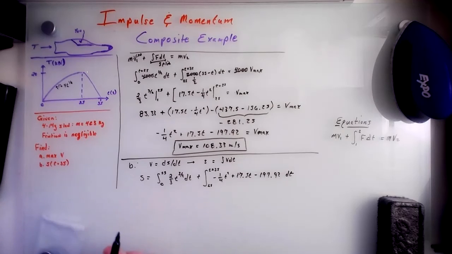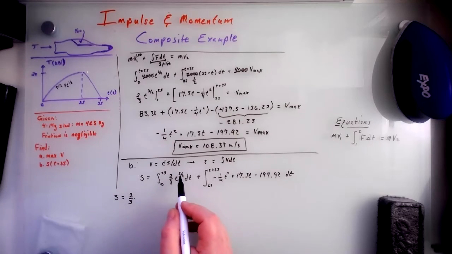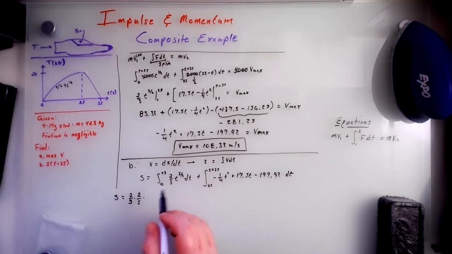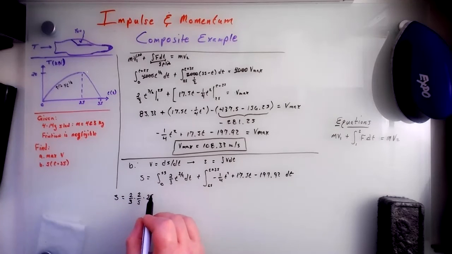It's actually not as bad as it looks. We have 2/3, and this is going to become 5/2, so times 2/5, times t to the 5/2, evaluated at 25.